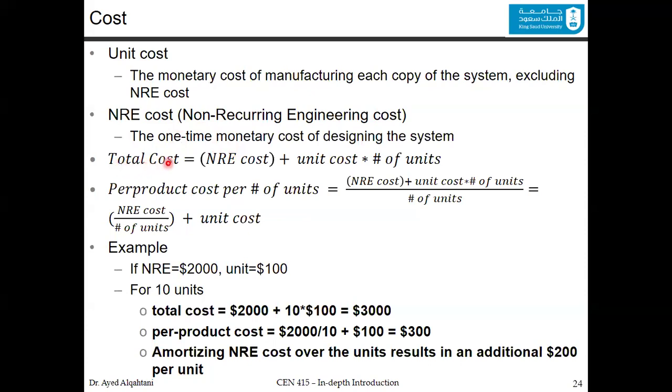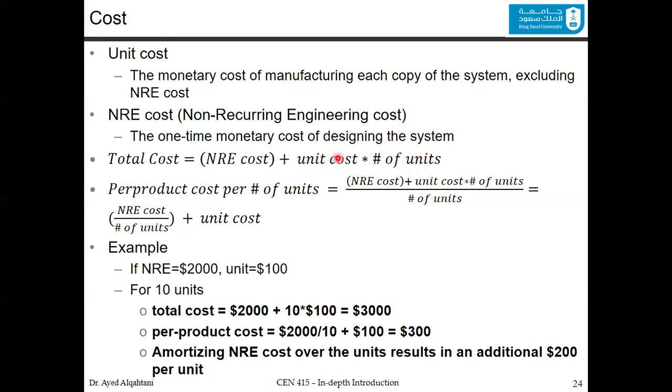So if you want to calculate the total cost of what you are producing in your lab or in your company, you will add this NRE cost to the total units cost that you have, which is the unit cost multiplied by the number of units.